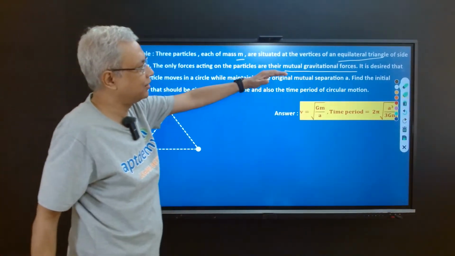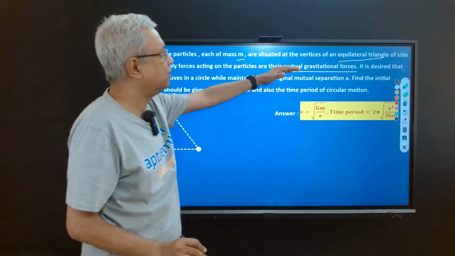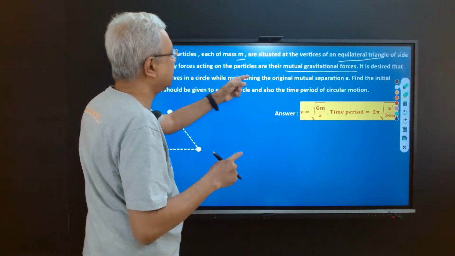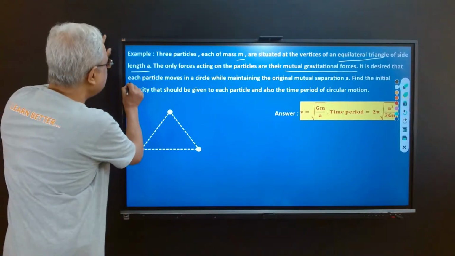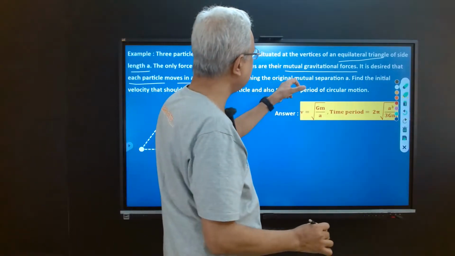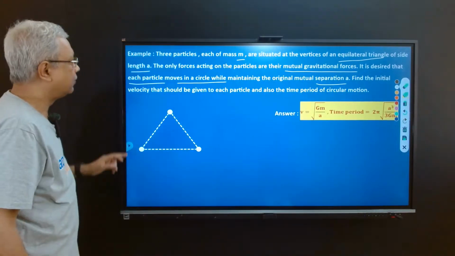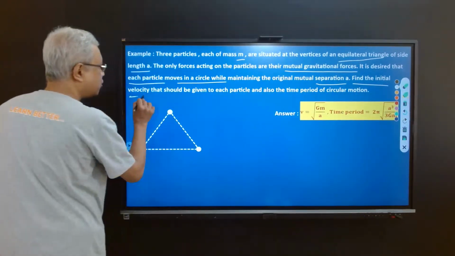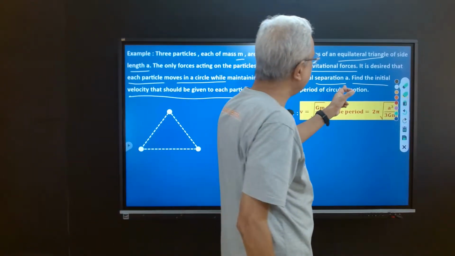It is quite unlikely a situation, but okay. It is desired that each particle moves in a circle while maintaining the original mutual separation A. Find the initial velocity that should be given to each particle and also the time period of circular motion.